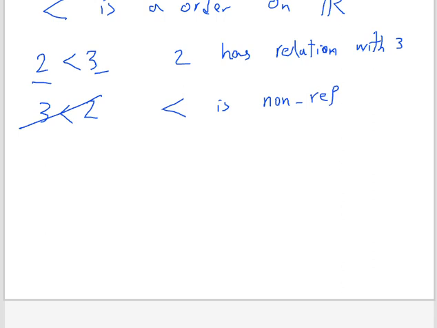Okay. I can say that 2 is less than 3, 3 is less than 4. Then I can say that 2 is less than 4. Then this is transitivity.